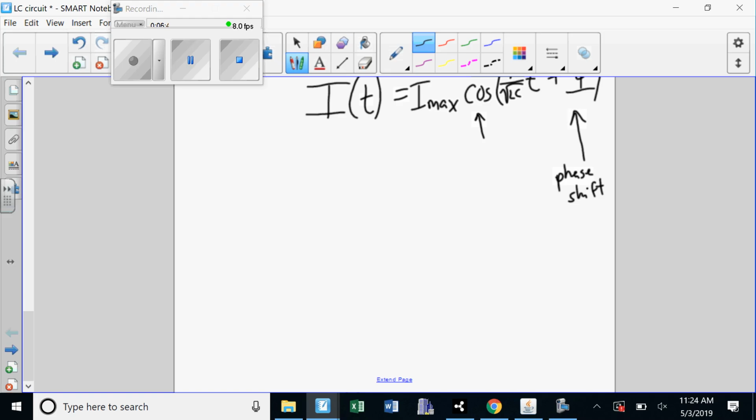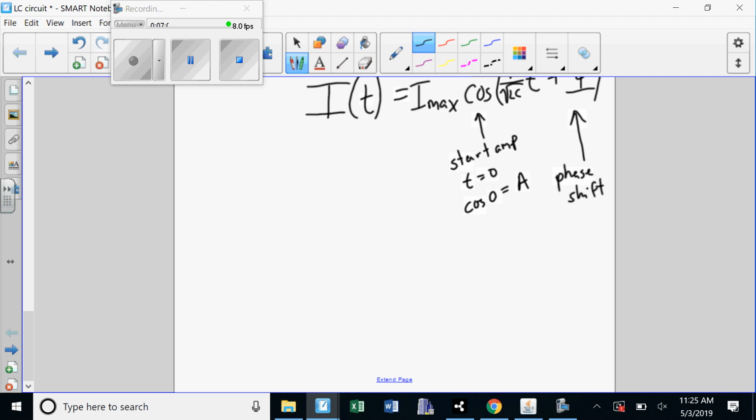The reason we did that is that with cosine, typically you start at an amplitude. When t equals 0, cosine of 0 is going to give you 1.